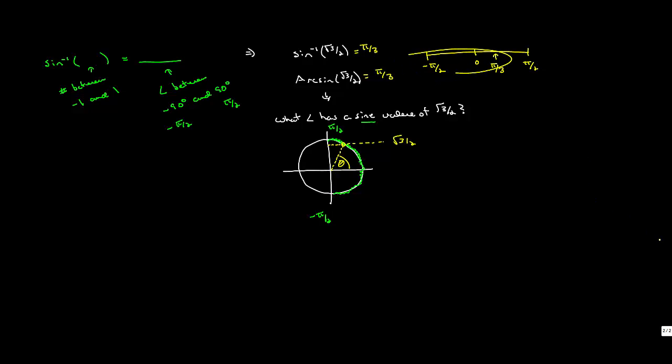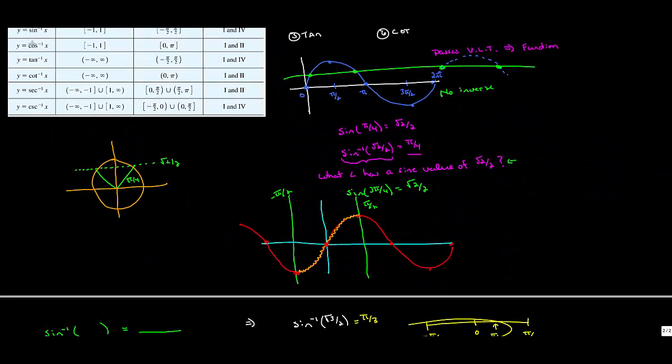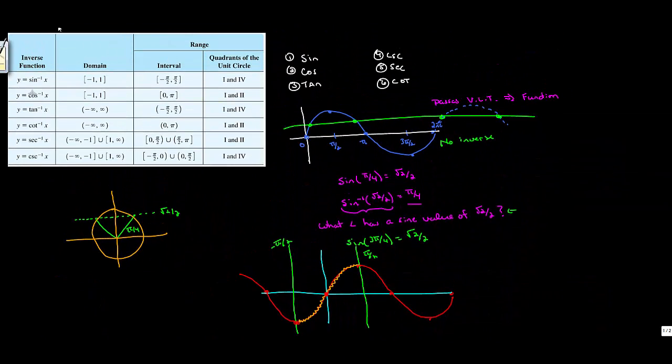Now, we have some more restrictions for the other trig functions. For example, we've covered this guy now. So the arccosine, or the inverse cosine, the numbers that you get to plug in are just the same as the sine. However, we have a different interval on which we restrict the outputs.